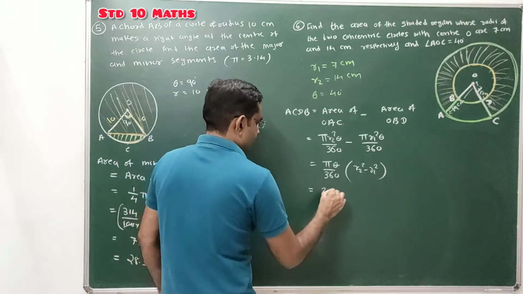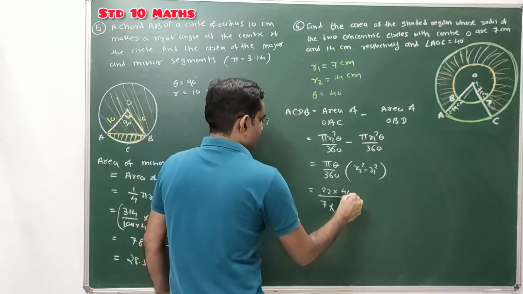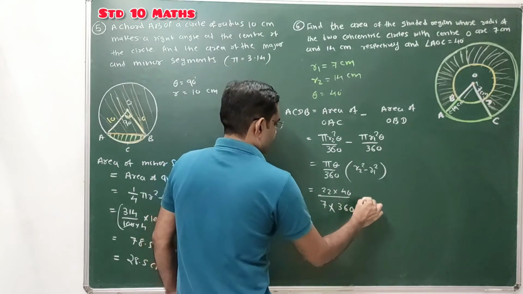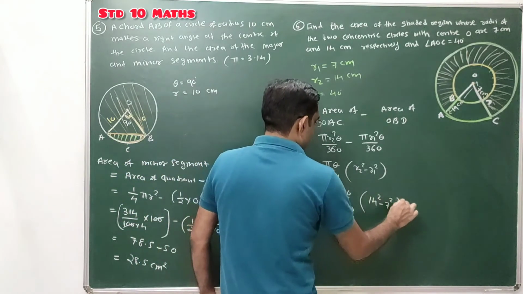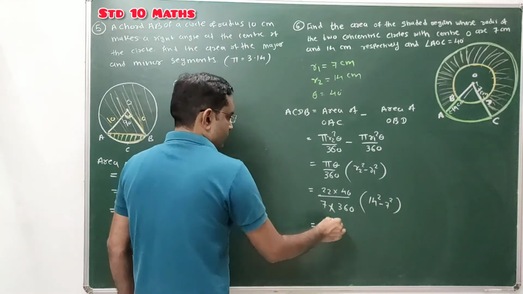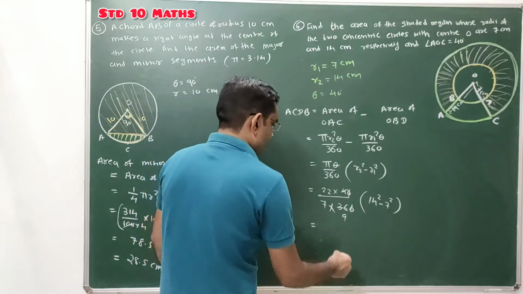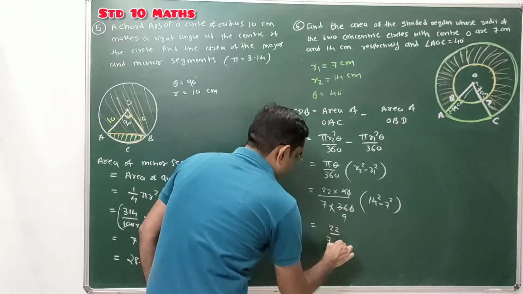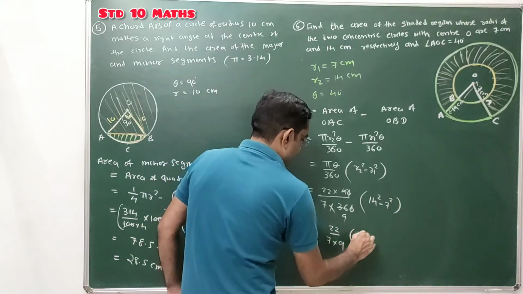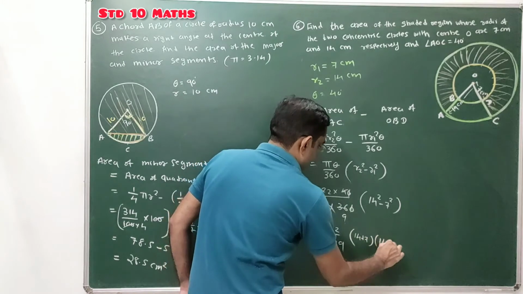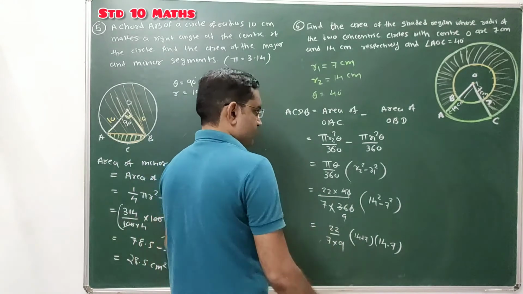Pi is 22 by 7, theta is 40 upon 360, R2 square is 14 square minus 7 square. So this is equal to, 4 9s are 36, so it's 22 upon 7 into 9, into 14 square minus 7 square, so it's 14 plus 7 and 14 minus 7. 14 plus 7 is 21.